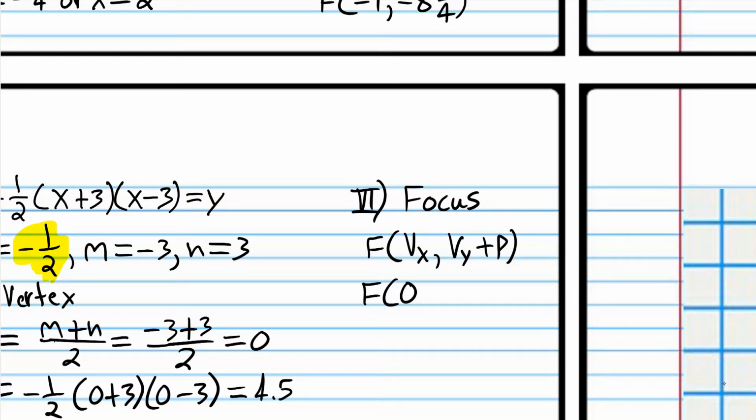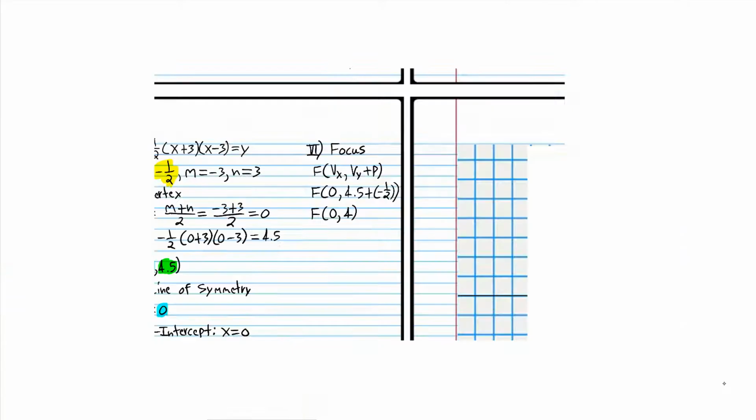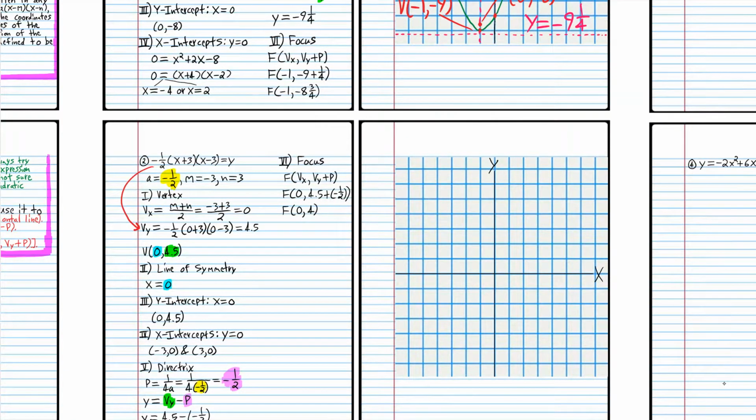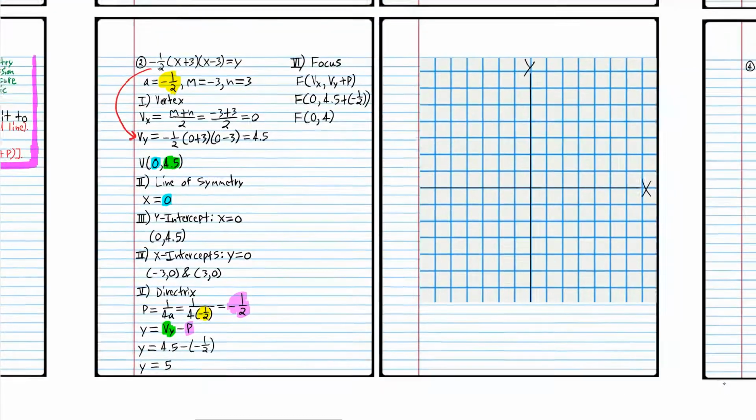So the x value of the vertex is 0, the y value of the vertex is 4.5, as we said, and p is going to be -1/2. Remember, we found p is -1/2. So the focus is (0, 4), if you do the math on that. And that's it. That's all the work that we pretty much have to do. Now we just have to graph it.